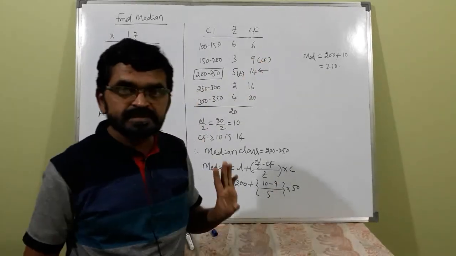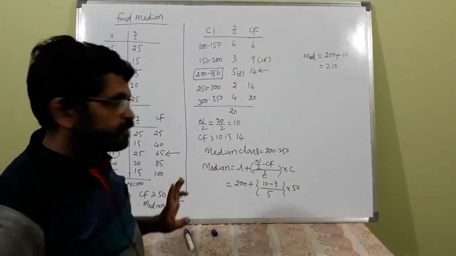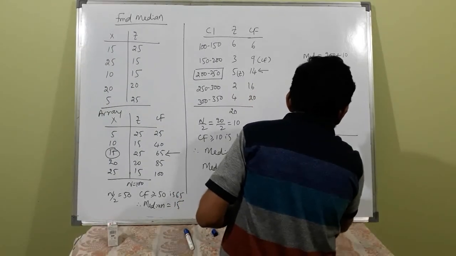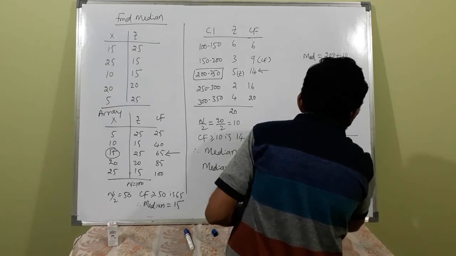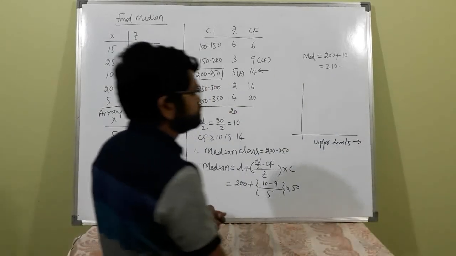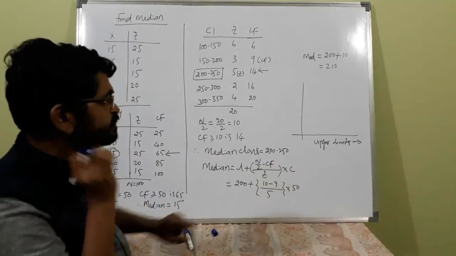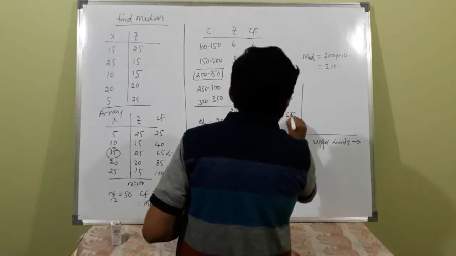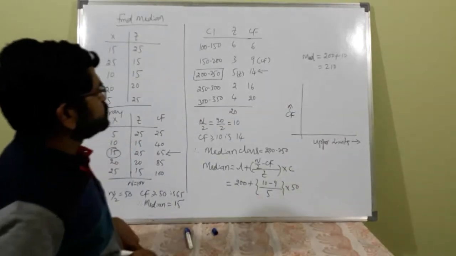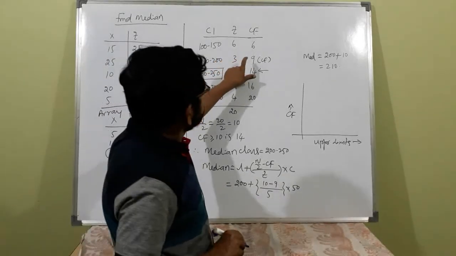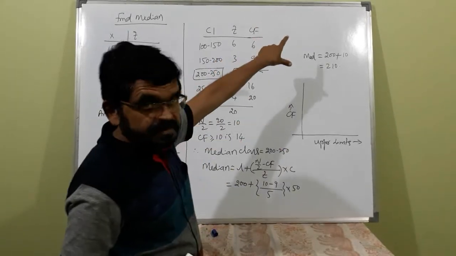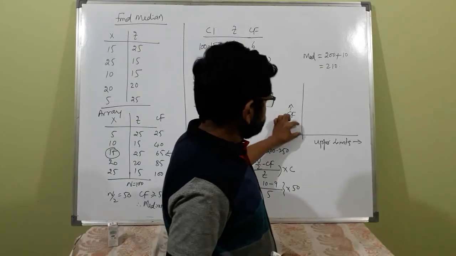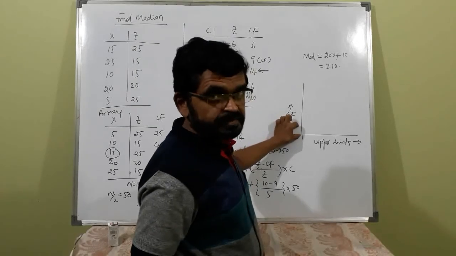Upper limit versus cumulative frequency. Write upper limits here, along the x-axis. Mark that. Take a proper scale. You have to write the scale here. Along this, cumulative frequency values: 6, 9, 15. Maximum is 20. Don't take 1 centimeter equal to 5 like that.